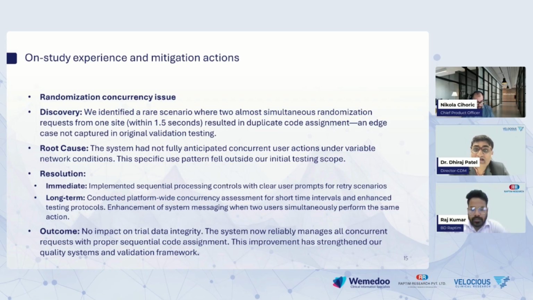That was not evaluated at the time of UAT, but it happened, and we took prompt action and released a patch to run the system effectively. A concurrency step was added: once one process is continuing, another process should not be started on the same field. That avoided further concurrency issues later in the study.